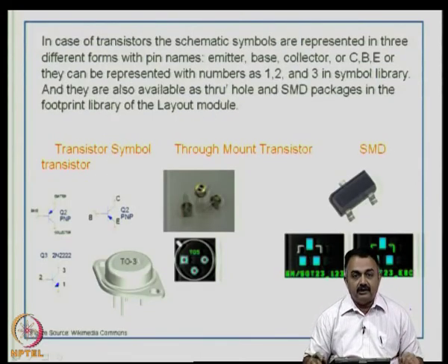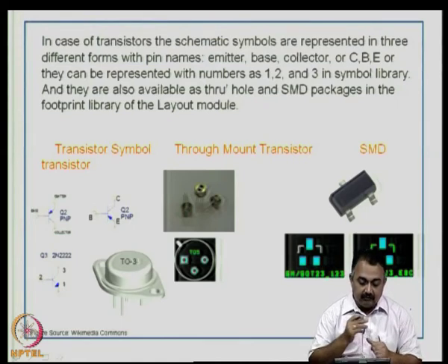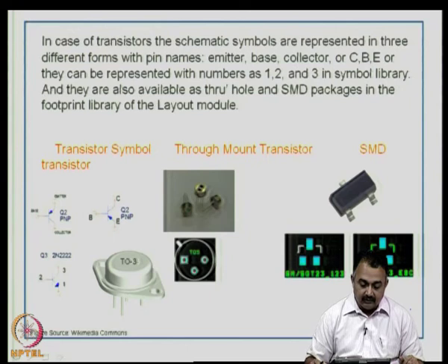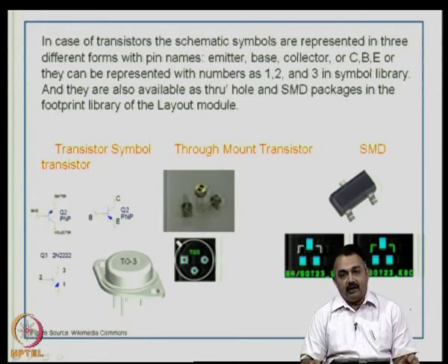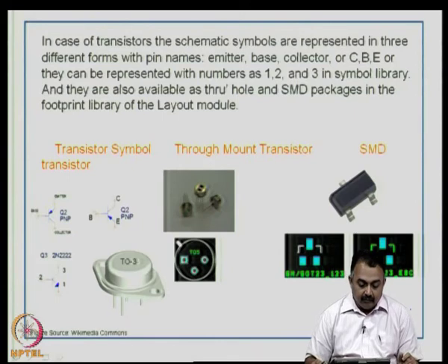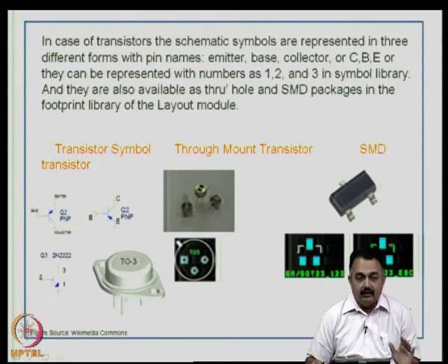In the case of transistors, the schematic symbols are represented in 3 different forms with pin names: emitter, base and collector, or CBE simply, or they can be represented with numbers like 1, 2 and 3 in a symbol library. Also, they are available in through hole format and SMD format. So, make sure which one you are going to use and tag in the footprint library of the layout module.